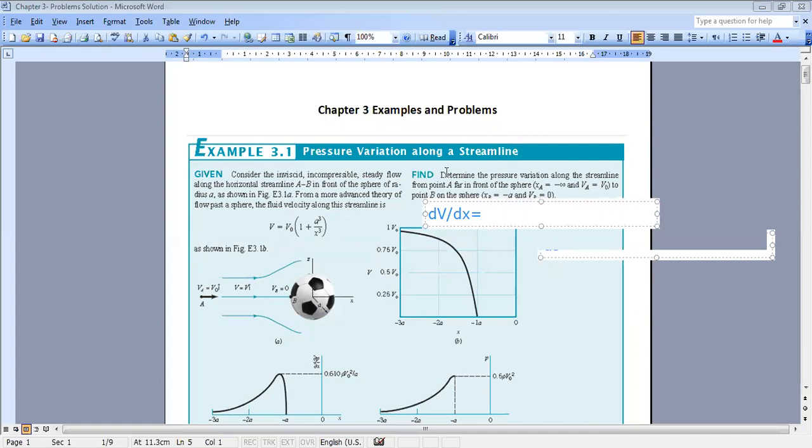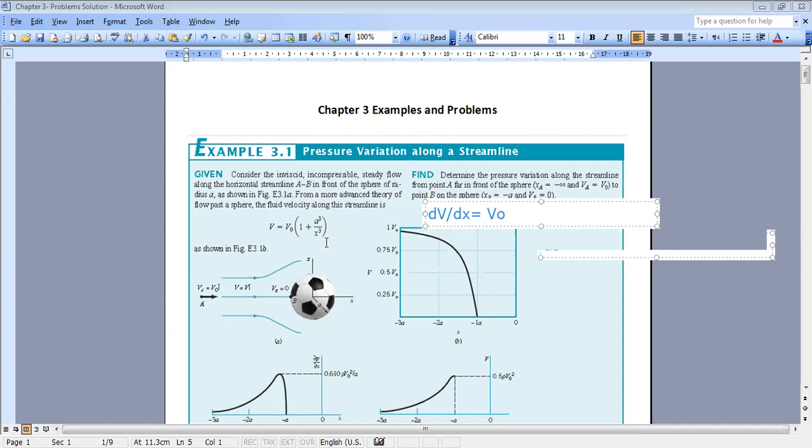For dv by dx, v0 is a constant, so I will keep it. Now you have this function to derive. One is a constant, so when you derive it, it is 0. You have plus a3 over x cubed, which is equivalent to a3 times x to the power minus 3. When you derive x to the power n, it's n times x to the power n minus 1.